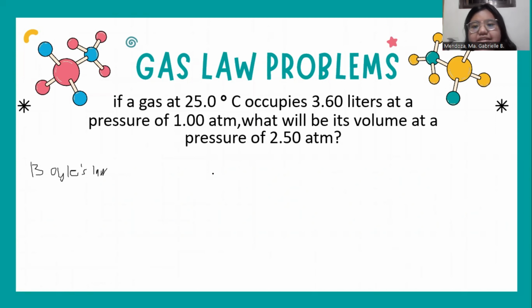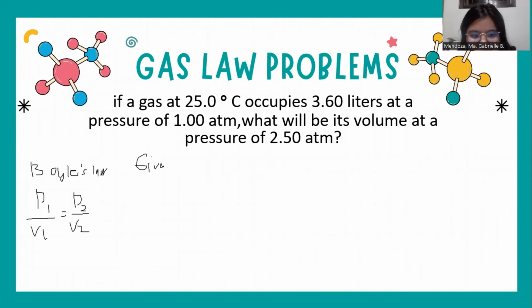So, since temperature is constant, ang magiging formula for Boyle's law is P1 over V1 equals P2 over V2. Ayan. So, since na-identify na natin kung ano yung formula, first, we need to identify kung ano yung mga given sa atin.